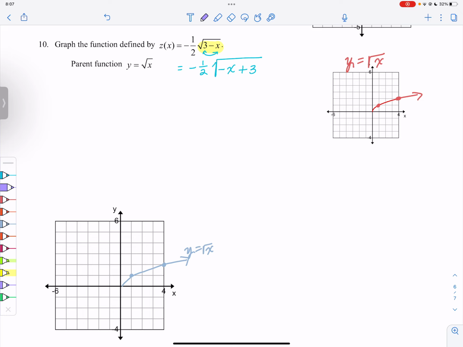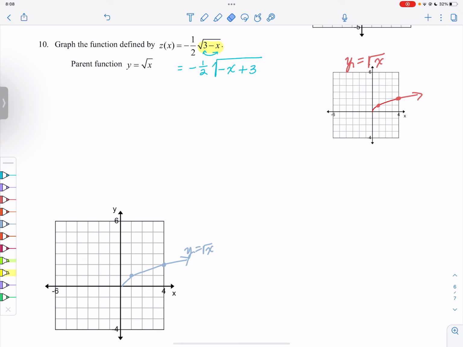This first is this horizontal shift. And then here is a horizontal reflection. And then, and I'll explain this in a minute. Let me go ahead and explain this.